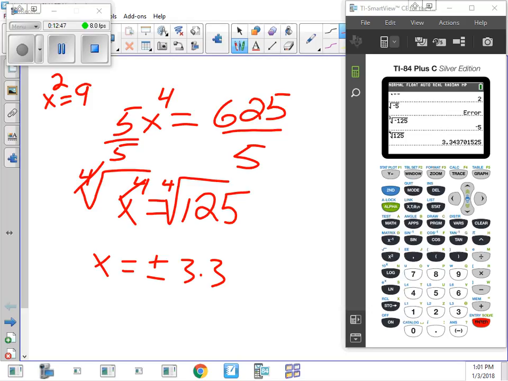So if plus or minus 3 works when we have x squared, then it's also going to work when we have x to the 4th, because it's an even number. So anytime you take the even root of an x to an even number, you're going to end up with plus or minus every single time. Just like we did with x squareds, the same is true of x to the 4th and 6th. But the odds don't work that way.